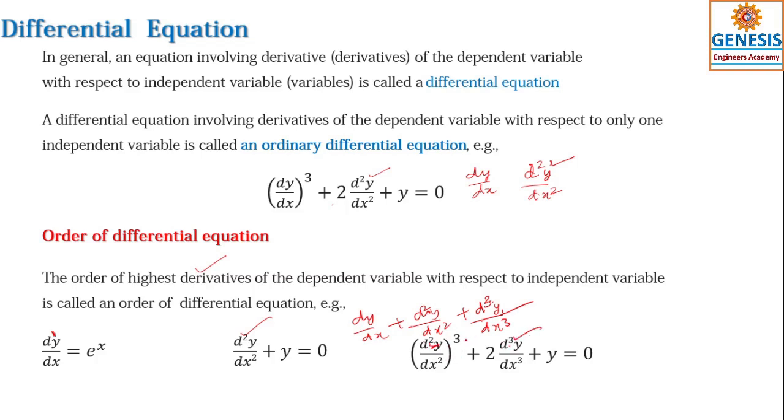So don't do this expansion process, 2 into 3 is 6. No, you have to forget this to decide the order of the differential equation. So in this case the order is 1, in this case the order is 2, in this case the order is 3. I hope you understood this order.